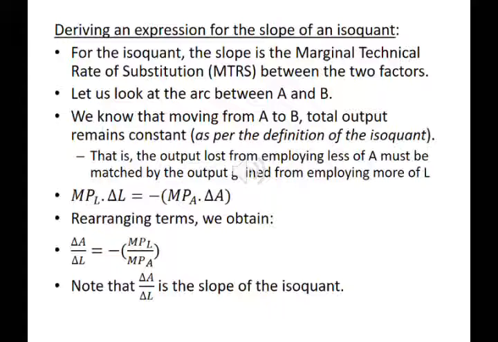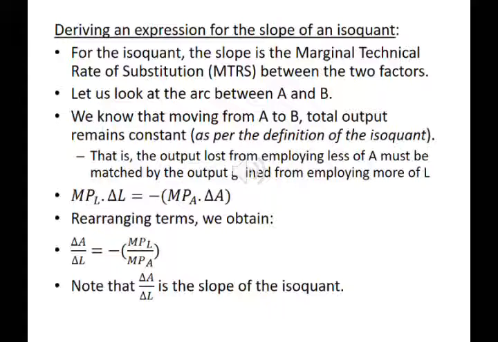How much will he be willing to give up of one commodity in order to be able to consume one more unit of the other commodity, which will make his utility unchanged. This is something very similar in the theory of the firm.